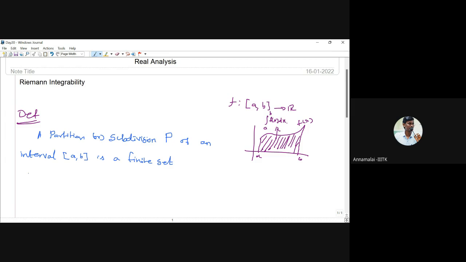Maybe we denote that finite set as x0, x1, x2, and so on up to xn.